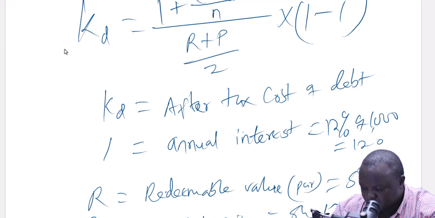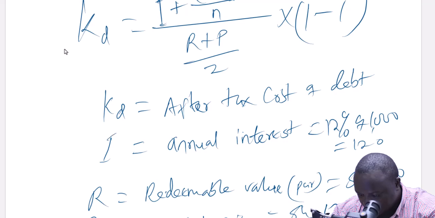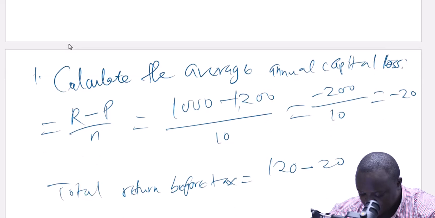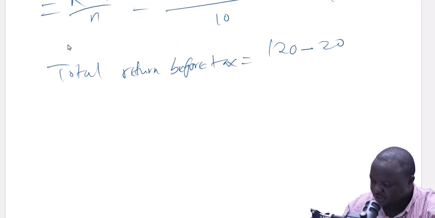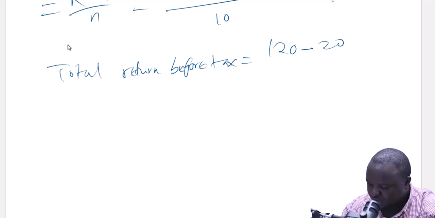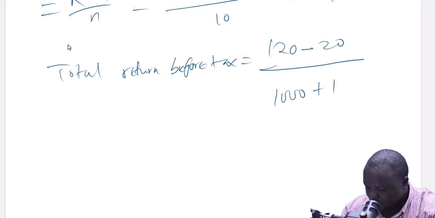The I we calculated is 120, and the capital loss is negative, so we have 120 minus 20, divided by 1000 plus 1200 divided by 2.